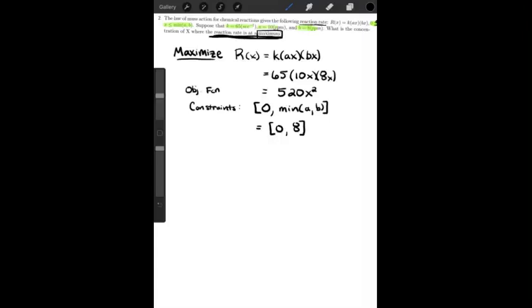So we've got our objective function and we've got our constraints. That was the first step of this process. The second step was finding the critical points. So what do we need to do to find the critical points?